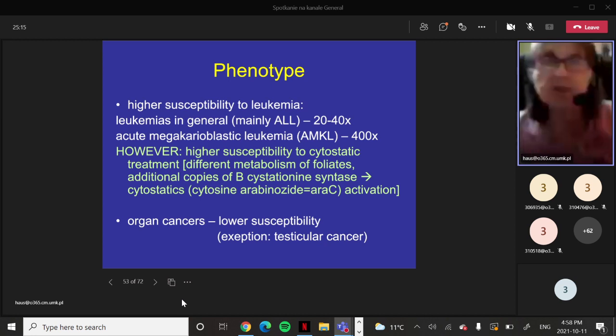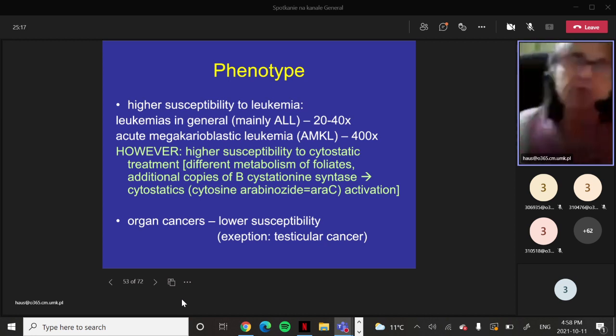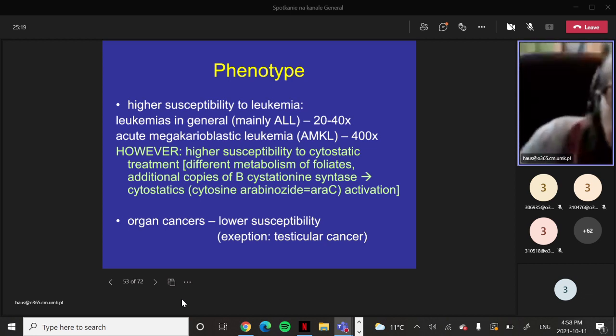And there is also a higher susceptibility to leukemia, like leukemias in general, which means mainly acute lymphoblastic leukemia, the main type of leukemia in children, ALL.